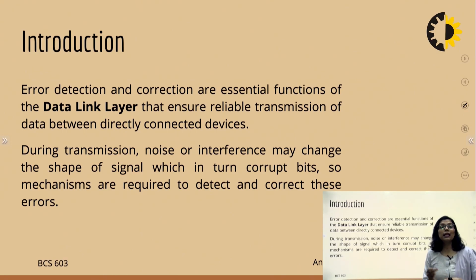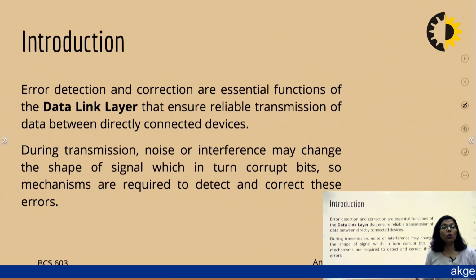If these signals are distorted through noise or some attenuation problem, what can happen at the receiving end? We will not get the correct data. So whenever the shape of the signal is distorted or corrupted, we want the receiver to know that the data is corrupted.